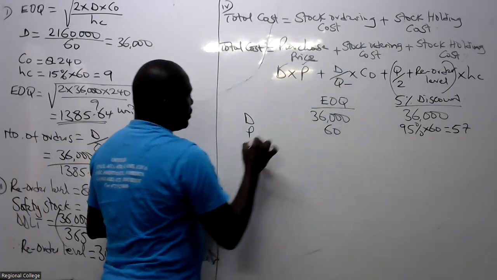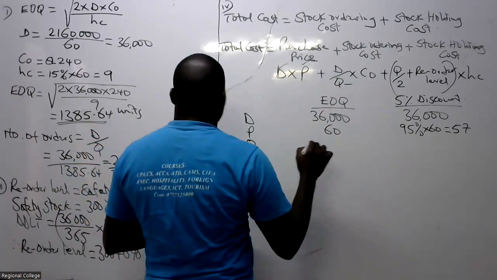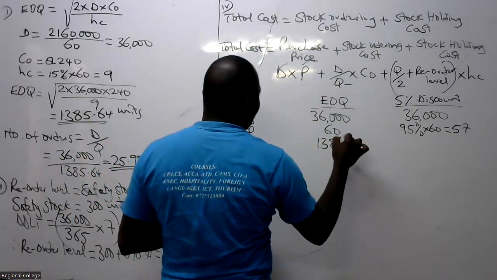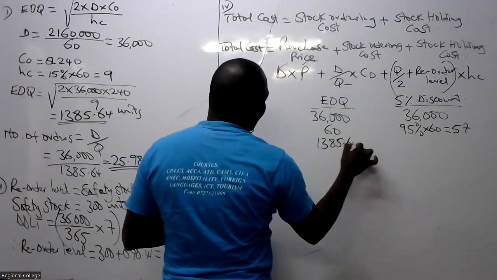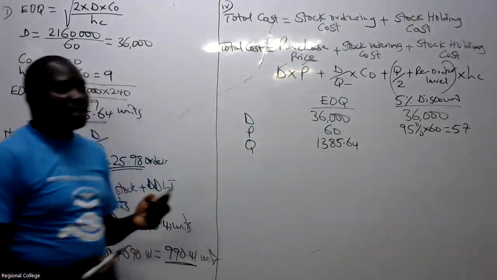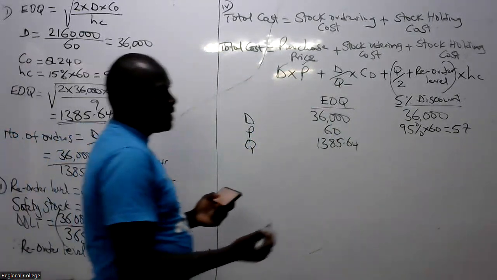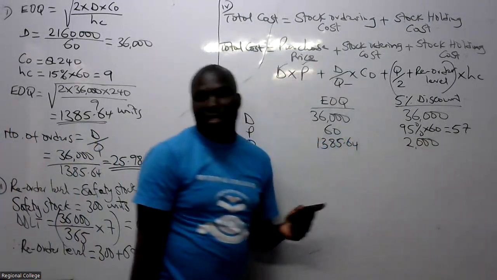Right? So we have D, we have P. We need Q. How much is our Q under EOQ? 1385.64 units. And under the discount, if we buy how many units? At least 2,000.